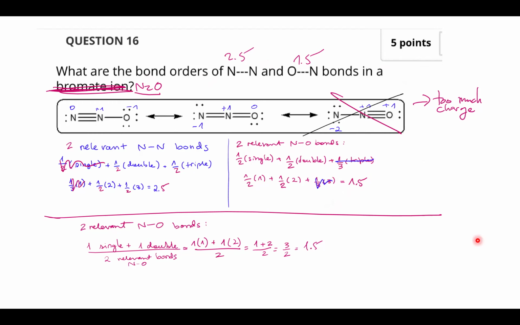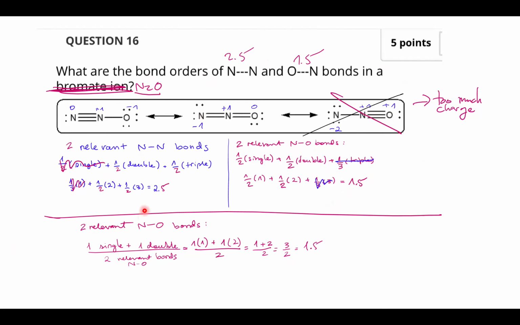You can do it a lot faster, quote unquote faster. You have two relevant NO bonds. Oh, I only did it for NO, sorry, but you can do it for N to N as well.